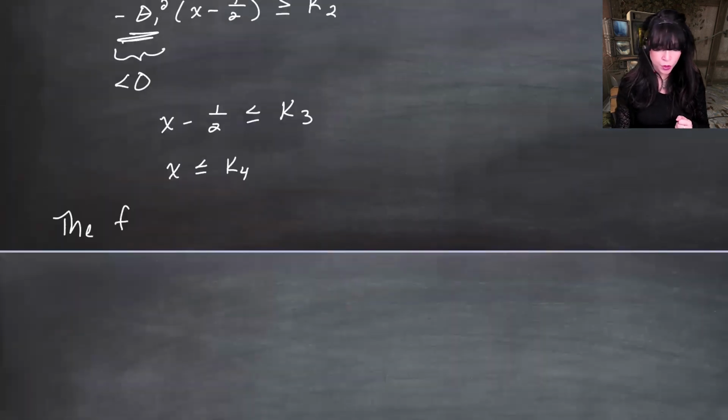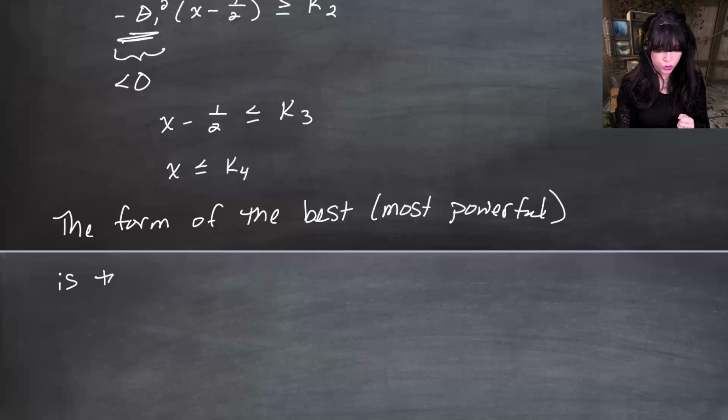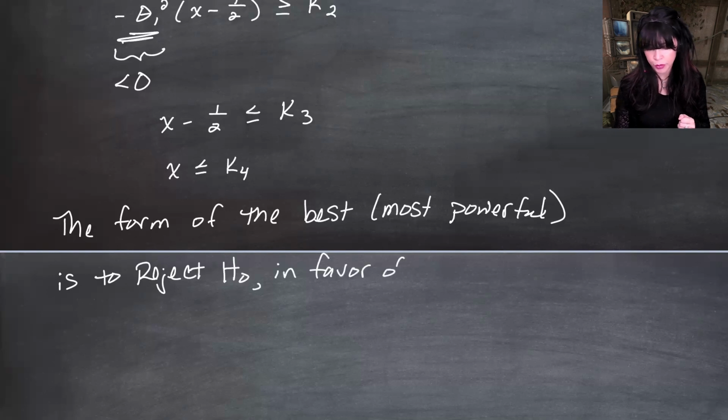The form of the best or most powerful test of size alpha is to reject the null hypothesis in favor of the alternative. It's important to write that when your two hypotheses do not make up the entire parameter space.